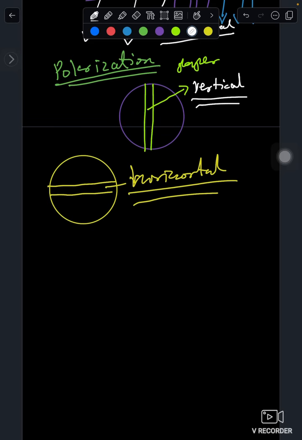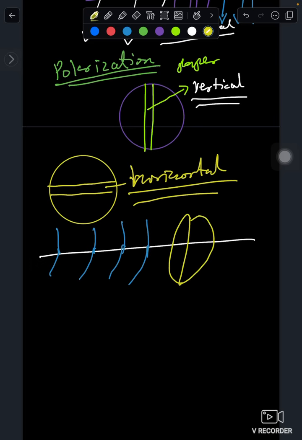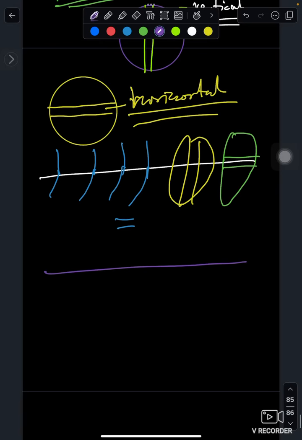If we make it a resultant one, now this one has first this and then this. The result you will get is no light, as it's stopped, it's closed.